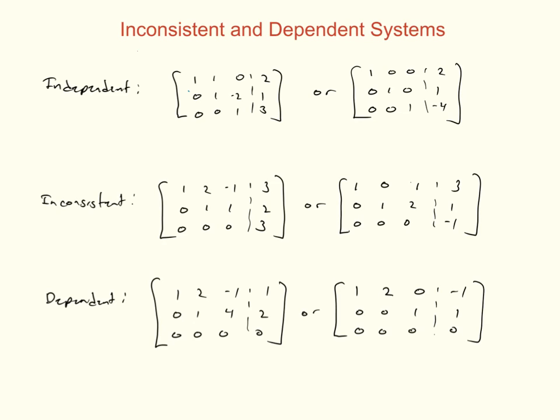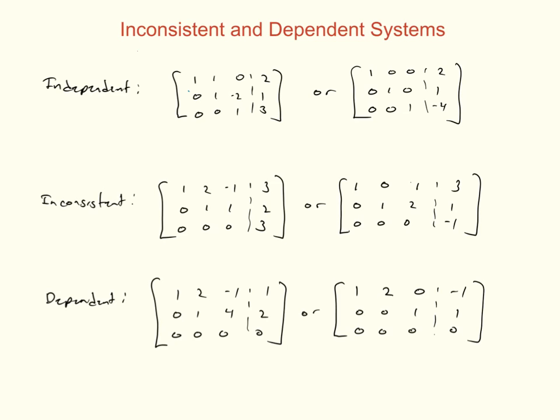If you have fewer equations than variables, then you know you're dealing with a dependent or inconsistent system. There's no way it can be independent. If you have fewer equations than variables, then there's no way it can have one solution. It's either going to have no solutions or many. And if you have more equations than variables, like 3 variables but 4 equations, then you're going to have a row of zeros down there.